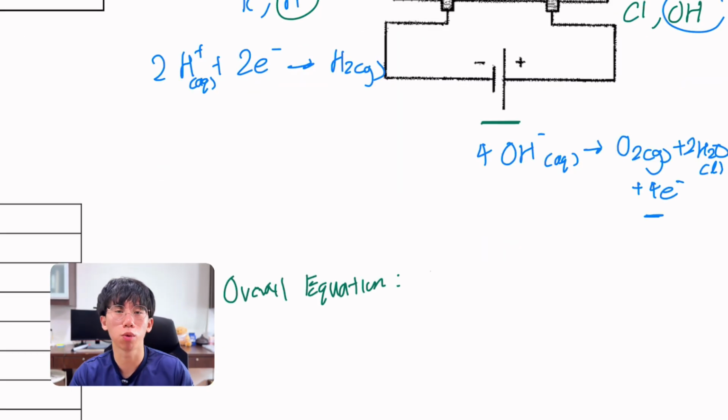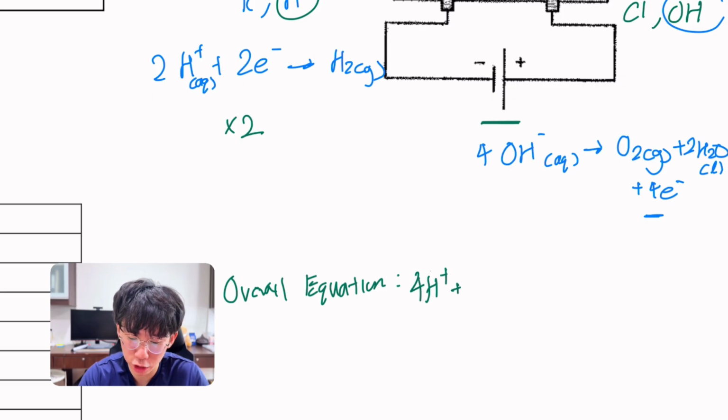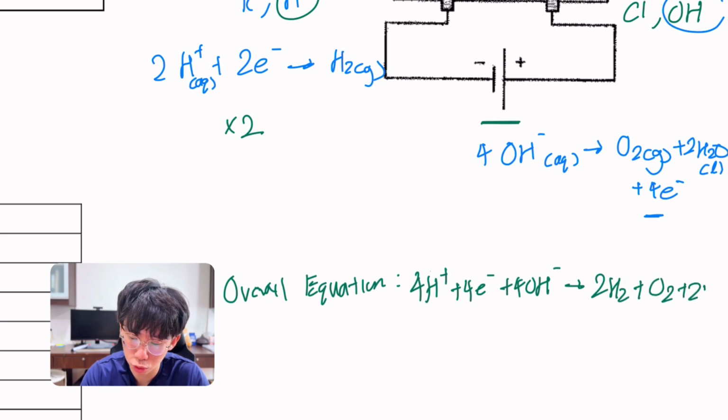Sometimes exam questions will ask you to balance both the half equations and form a complete equation. To do this, we need to make sure that both equations have the same number of electrons. So we need to times 2 to this left one over here. And if you combine them, you actually get 4H+ + 4e- + 4OH- to give 2H2 + O2 + 2H2O + 4e-.